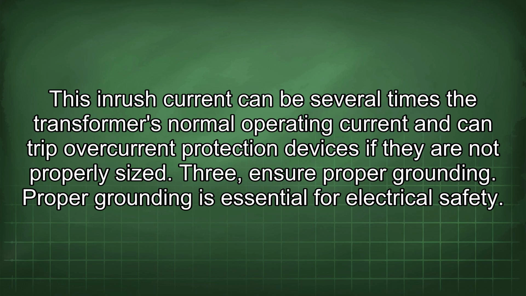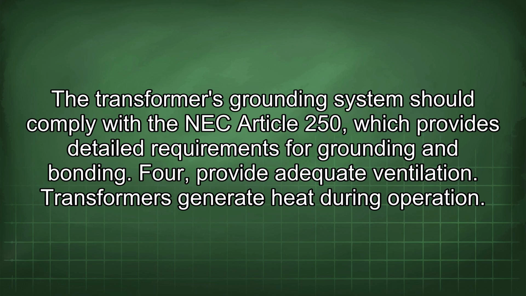3. Ensure proper grounding. Proper grounding is essential for electrical safety. The transformer's grounding system should comply with the NEC Article 250, which provides detailed requirements for grounding and bonding. 4. Provide adequate ventilation. Transformers generate heat during operation.